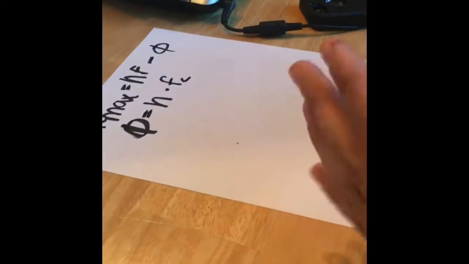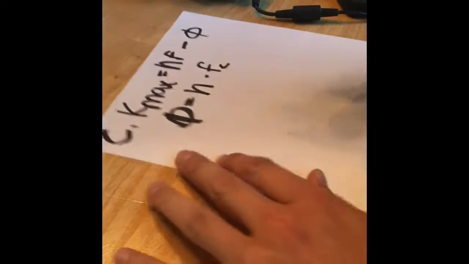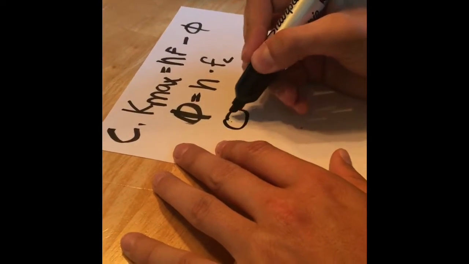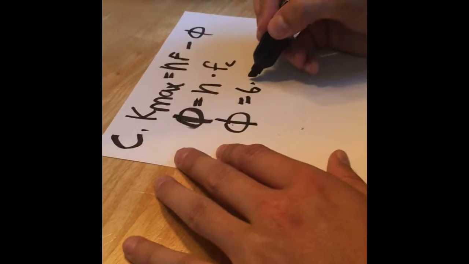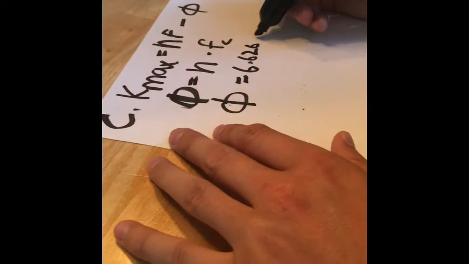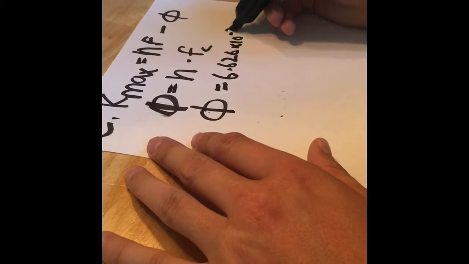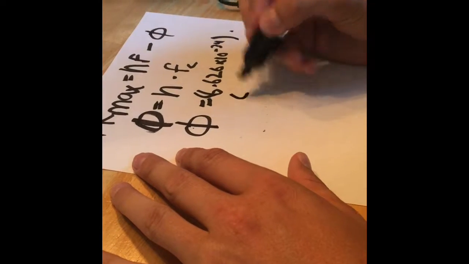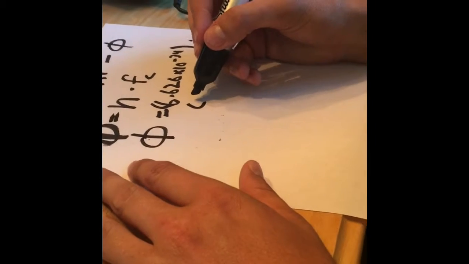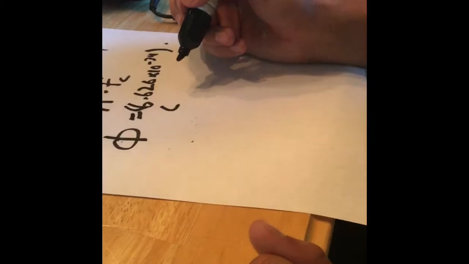Knowing that, work function is equal to Planck's constant, 6.626 times 10 to the negative 34. Oh, you're going to use the 6.4, the one we found in the previous part.